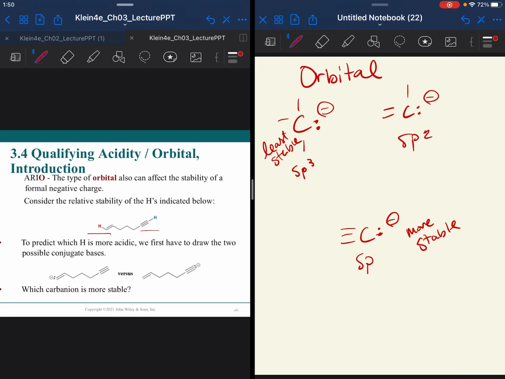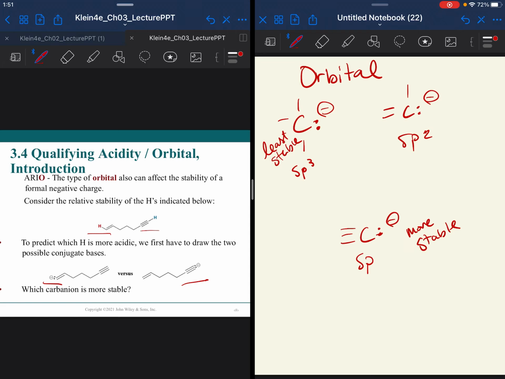You're looking at the conjugate base, right? If we remove the red proton, we have a negative charge on a carbon in a double bond, so an sp2 hybridized carbon. If we remove the blue hydrogen, we get that negative charge on the carbon in the triple bond. They're both on carbon. There's no resonance here. There's no inductive effect at play. There's no chlorine nearby. So the only difference is that orbital where that lone pair negative charge is.